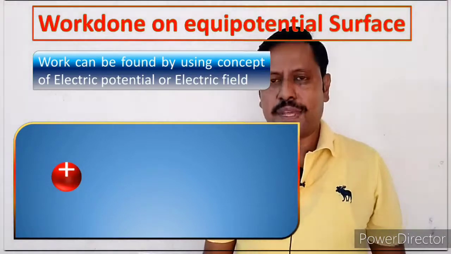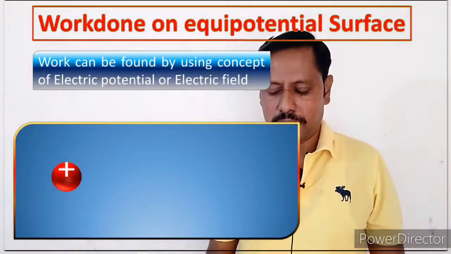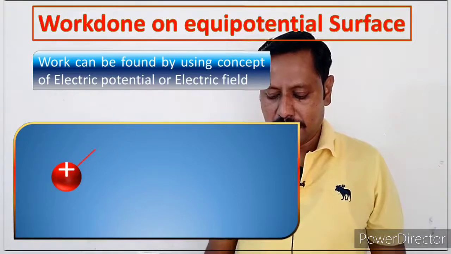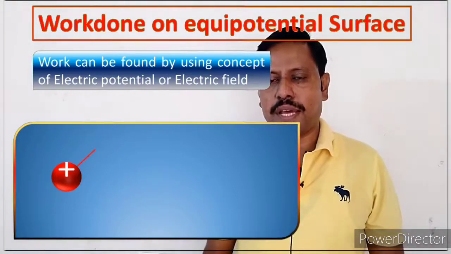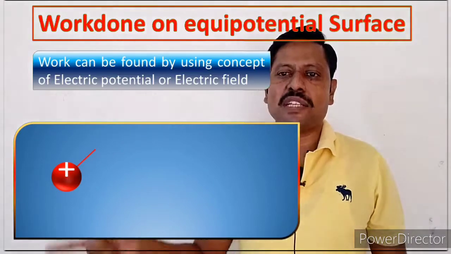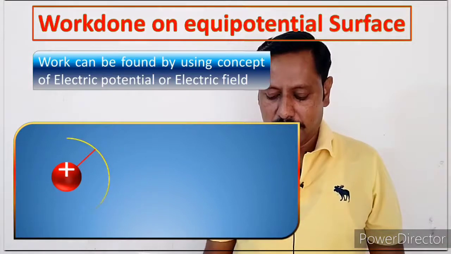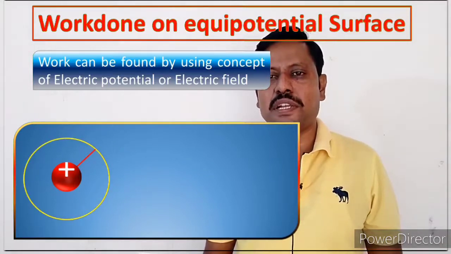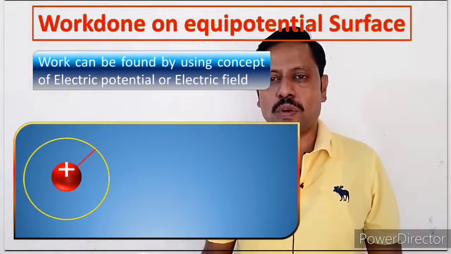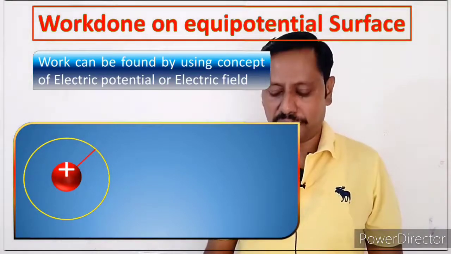Let us say we have a positive charge as shown in this diagram. At a distance r we have some equipotential surface, and on that equipotential surface we want to shift a charge. This yellow colored line indicates the equipotential surface.